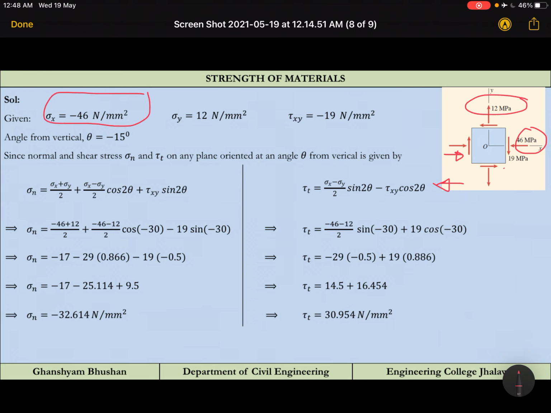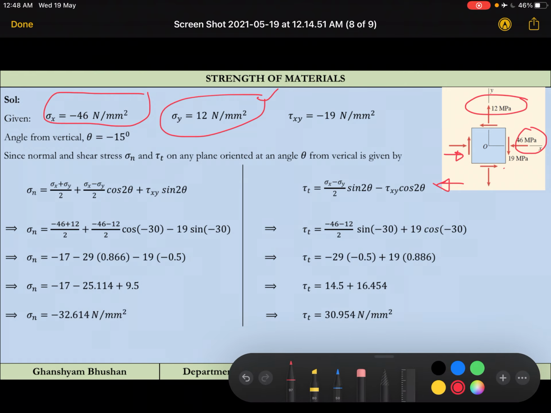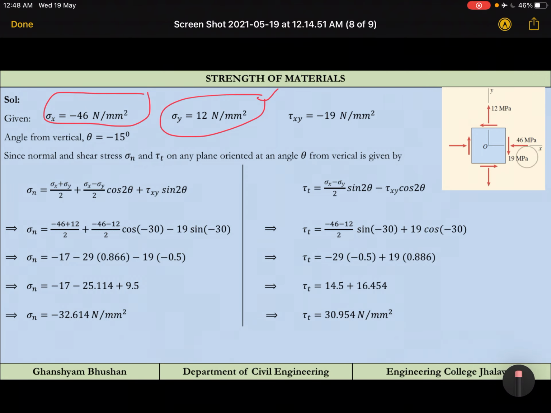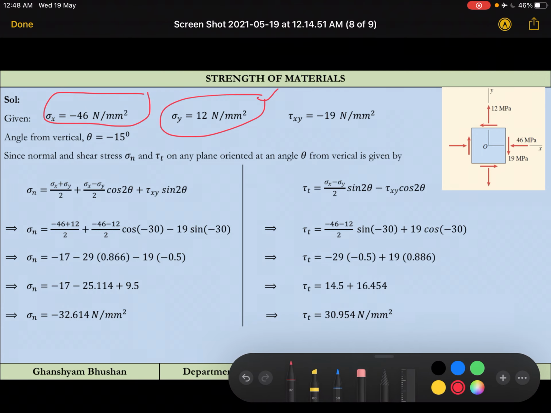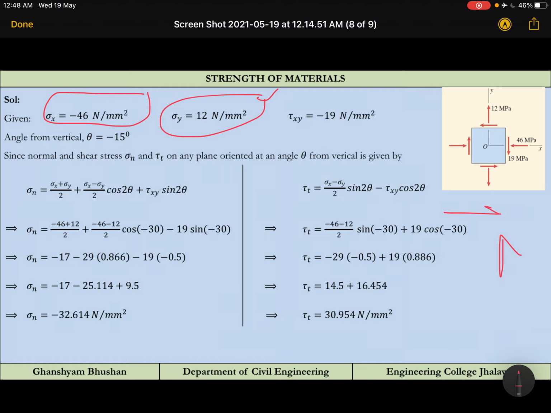Sigma y is tensile in nature, so this is okay. Now compare the shear stresses. Again in our equations tau was something like this, but here it is opposite. So this tau xy will also be taken as minus 19 megapascal.